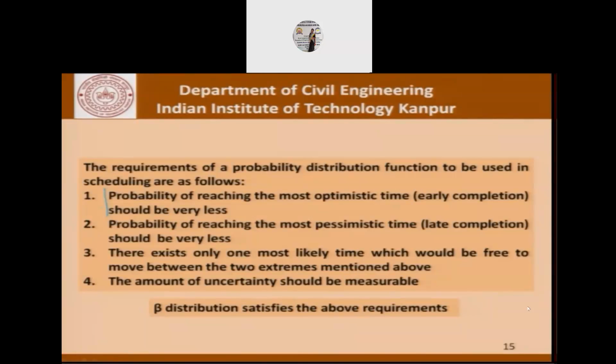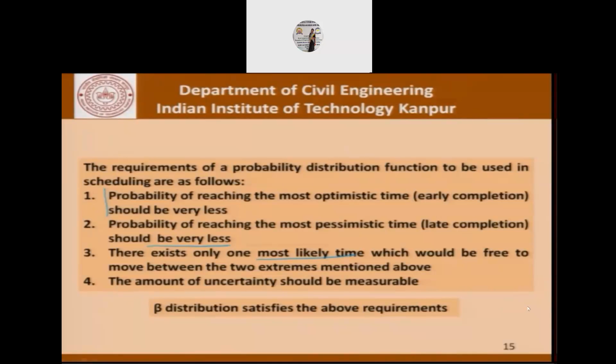The probability of reaching the most pessimistic time should be very less. That is, there should be a time where we will definitely be able to complete the project under the most adverse conditions. Then there exists only one most likely time, which would be free to move between these two extreme conditions.